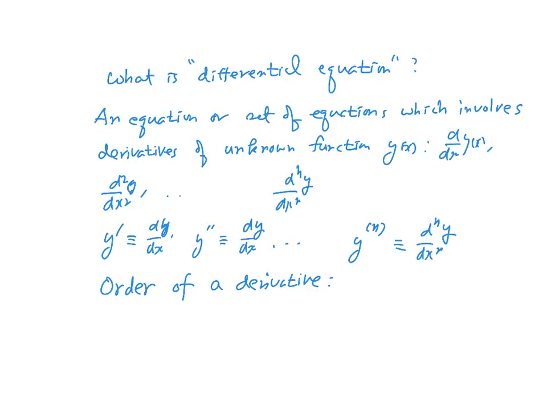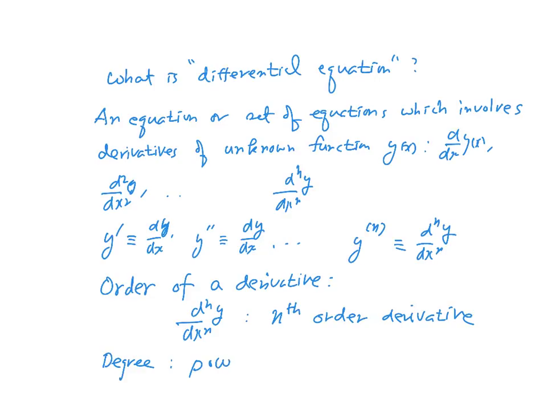For example, d^n y/dx^n is an nth order derivative. And degree is the power of a derivative.